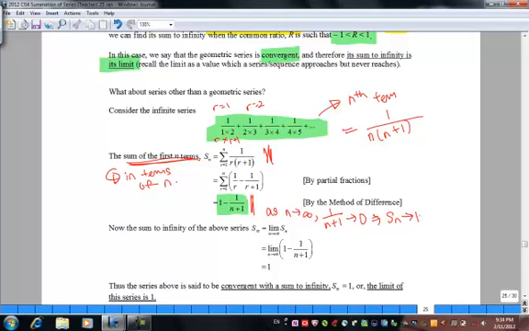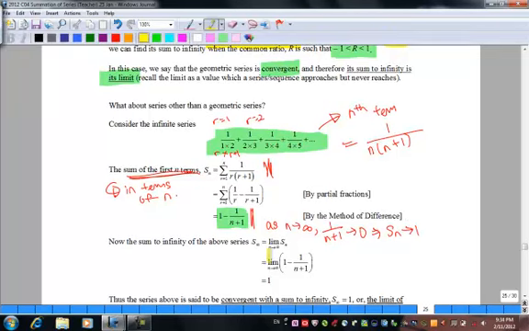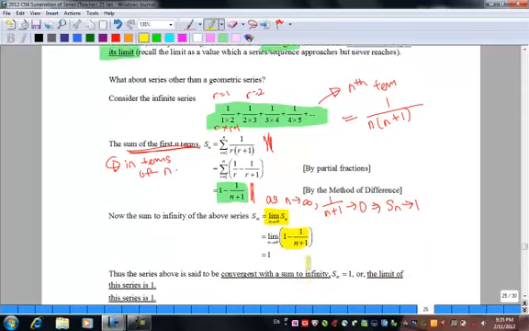Okay, because it's going to tend to 1 minus 0. And the way I present it in my answer is actually as follows. I'm going to write that the sum is going to be the limit as n tends to infinity of Sn, which is, when I replace my form of Sn inside, the limit as n tends to infinity of 1 minus 1 over n plus 1. And this is equal to 1.